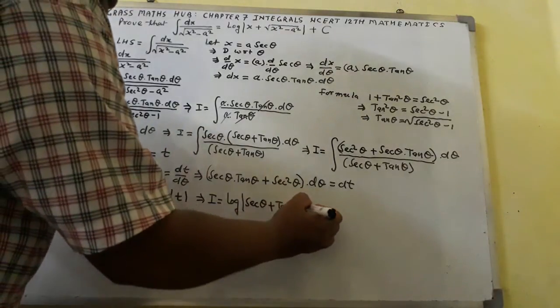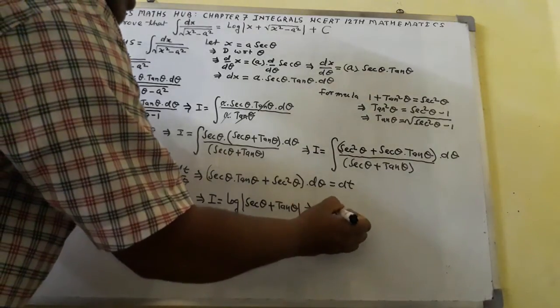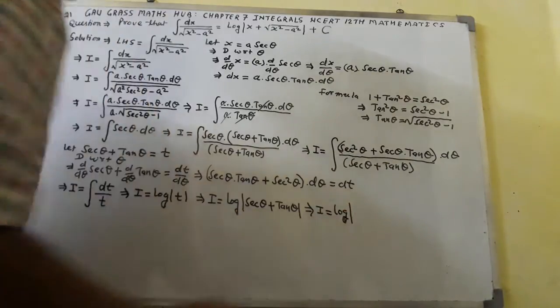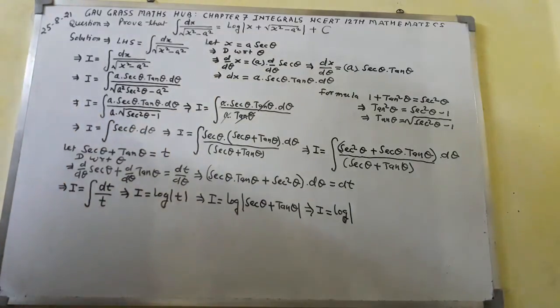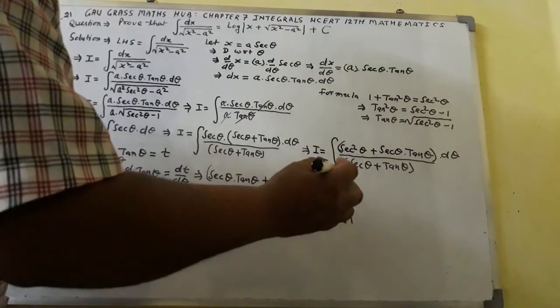Now put the value here, implies that I equal to log mod, in place of sec theta I shall write x over a.